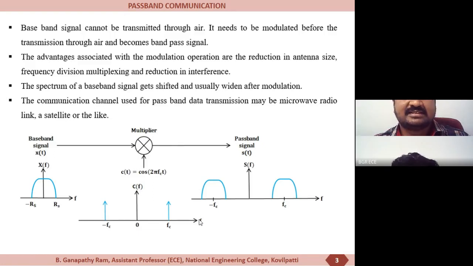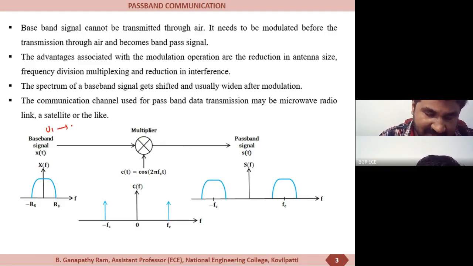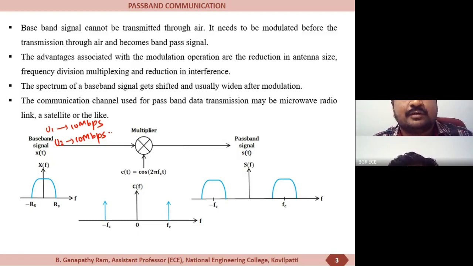Similarly, it facilitates the multiplexing in such a way that if user 1 is transmitting, let's suppose user 1 is transmitting at 10 megabits per second. Similarly, user 2 is also transmitting at the same data rate of 10 megabits per second. So both their signals have a time duration per symbol of 0.1 microseconds.